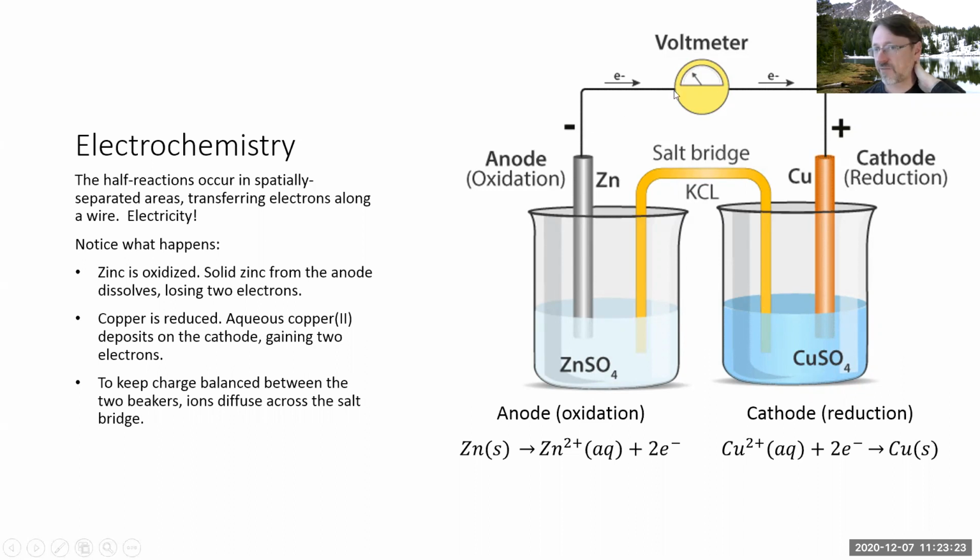If the negative charges are getting deposited on this side because of the current that is passing through the wire, then building up a negative charge here will make the potassium ions in the salt bridge flow to the right to balance out the charge, and the chlorine ions will travel to the left to balance out the positive charge that's being generated on the left-hand side. So if you did this without the salt bridge, there would be no current flow. But you put the salt bridge in place, there will be a current flow, we can measure the voltage across it, and we have a working battery.